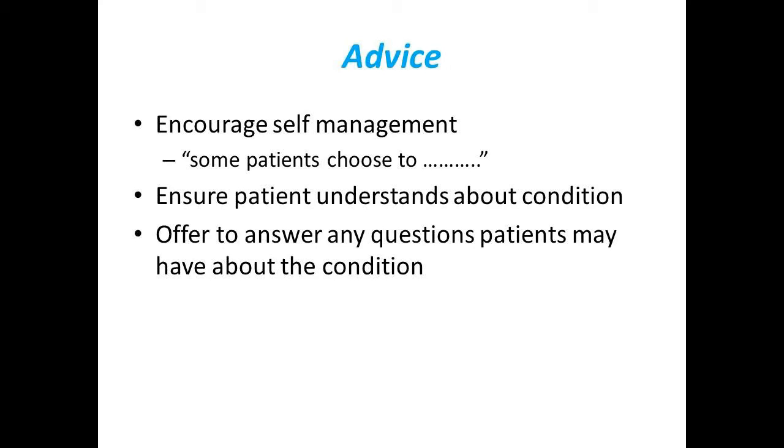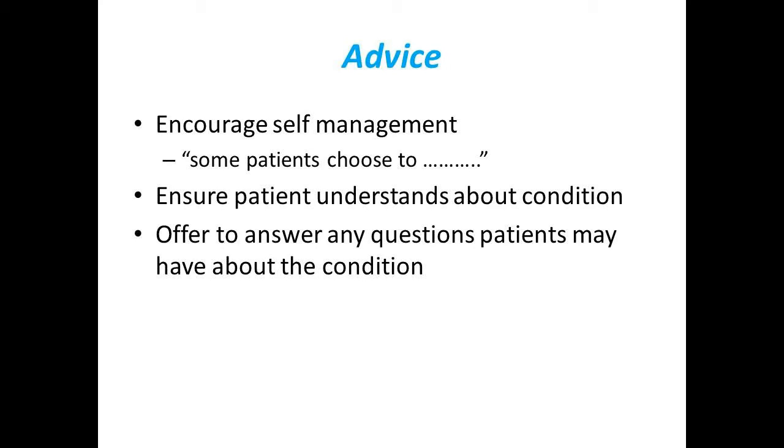Advice. Now, you could advise the patient on what the natural course of the condition would be, or what the natural course of illness will be, because this will frame their mind of whether they're going to get better earlier or later than they understand. You could also encourage self-management, okay?